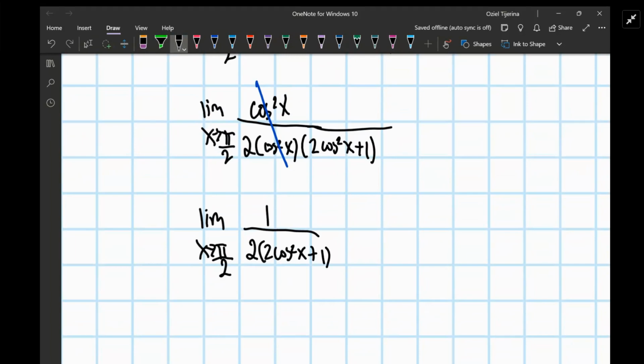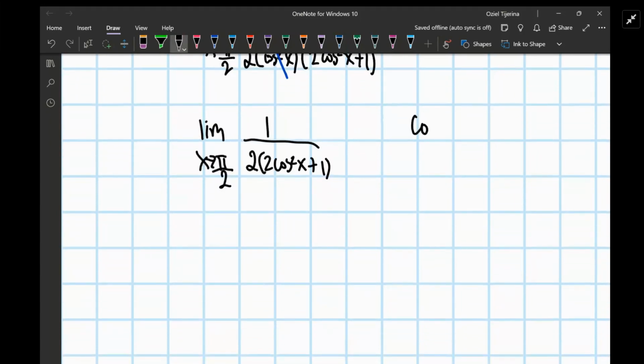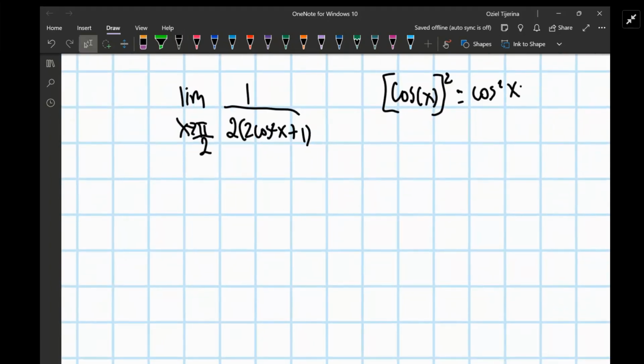Now we're going to evaluate it at pi over 2. Know that cosine of x quantity squared is really cosine squared x.